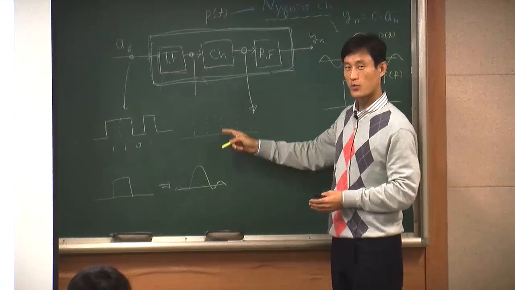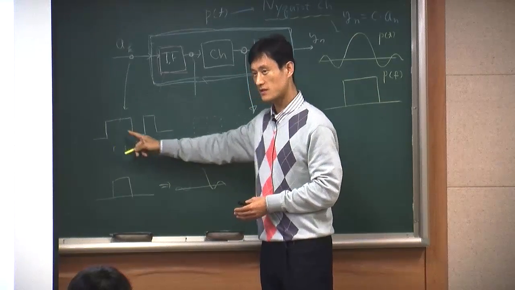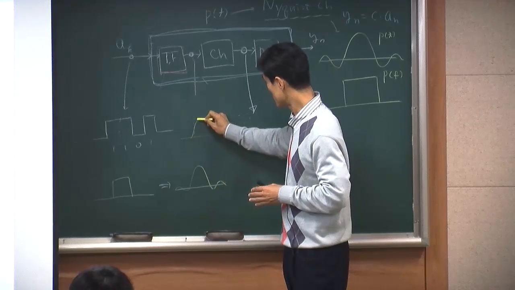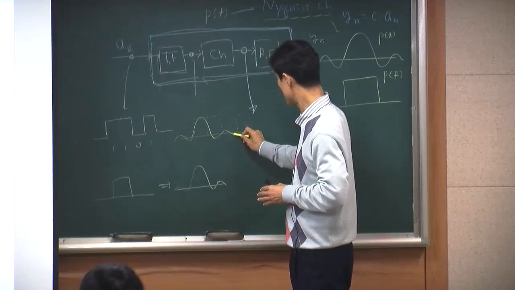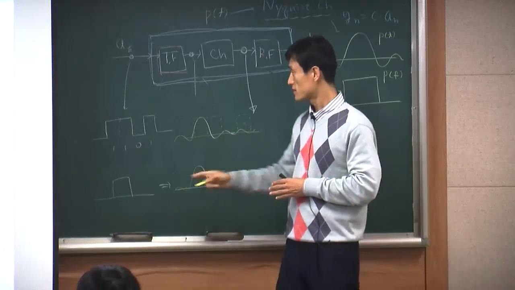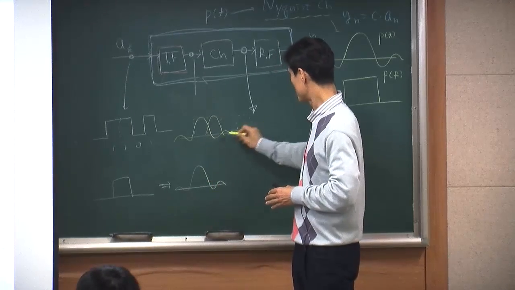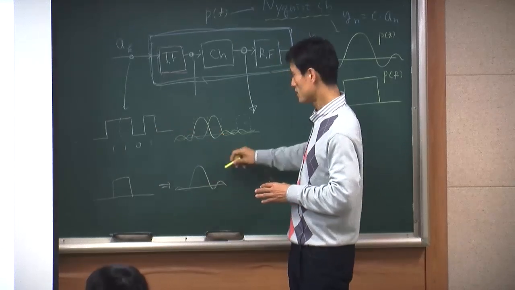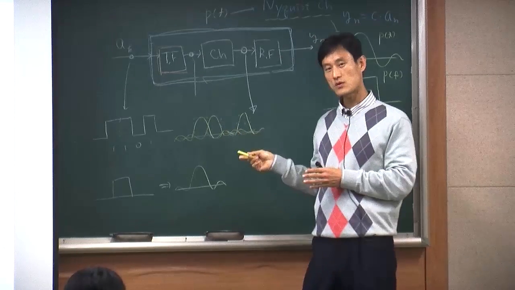Eventually, right here, for this particular pulse, the first pulse, it's going to be shaped and changed to this way, right? Like that. The second pulse, again, it's going to be shaped like that. This one also is just shaped like that. So that's what you're going to see.